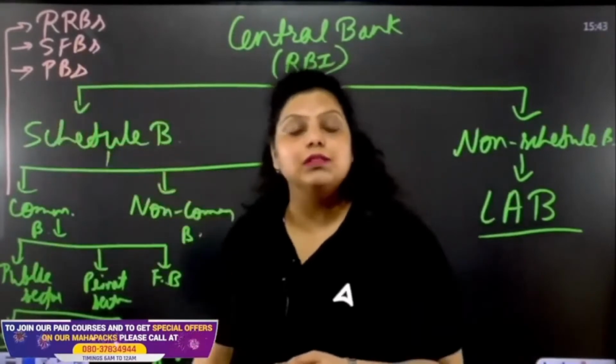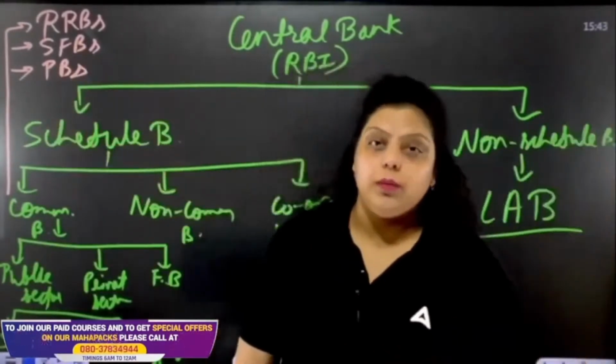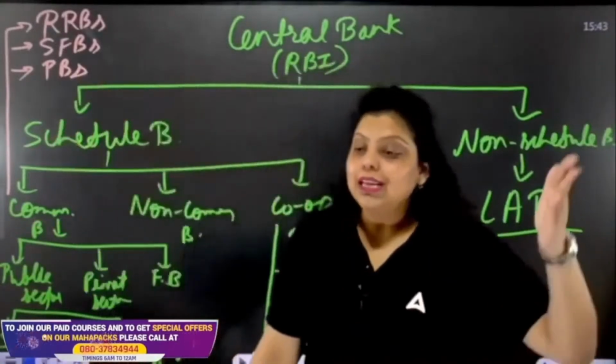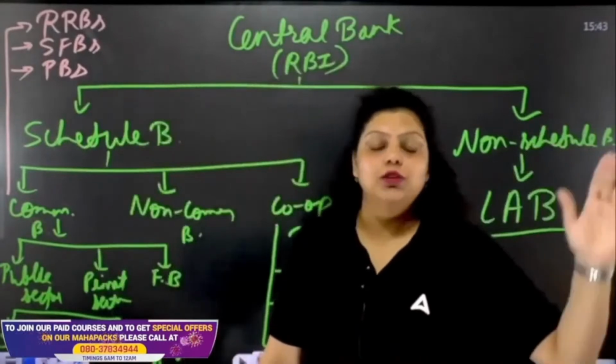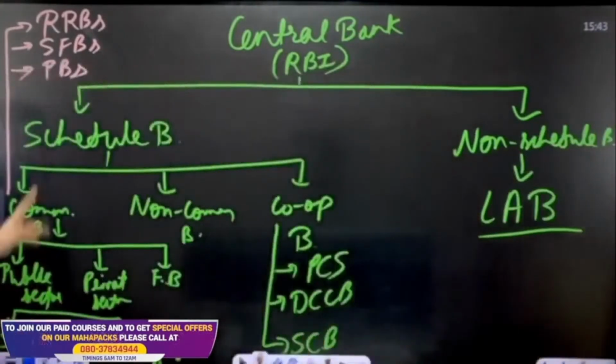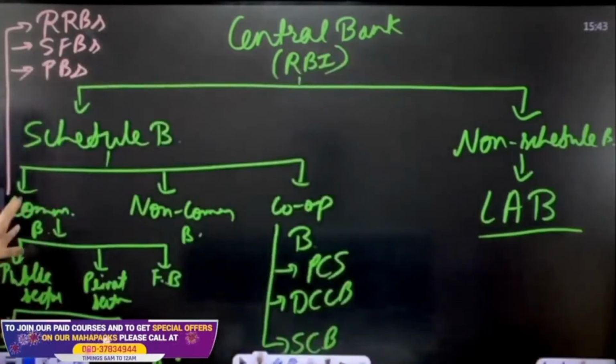Like RRBs were established to uplift the rural economy. The small finance bank was established simply to do financial inclusion. The same reason was there for the payment banks also. So these are all the types of banks present in India. This is the banking structure of our country.